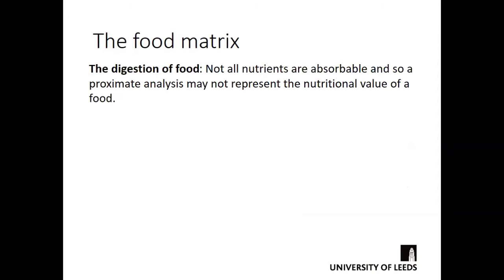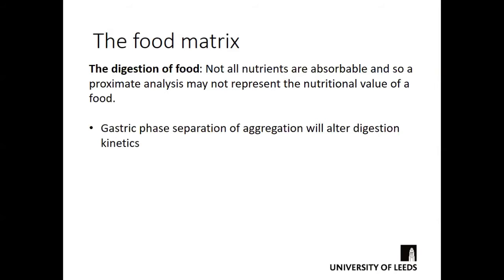In terms of the food matrix, the digestion of food is efficient, but we still know that not all nutrients are absorbable. So proximate analysis of a food may not represent the nutritional value of the food. We know that the gastric phase is really a phase where food is stored prior to being thoroughly digested in the small intestine, and in that changing environment where the food is held for some time, it can generate phase separation or aggregation that can then alter the digestion kinetics.